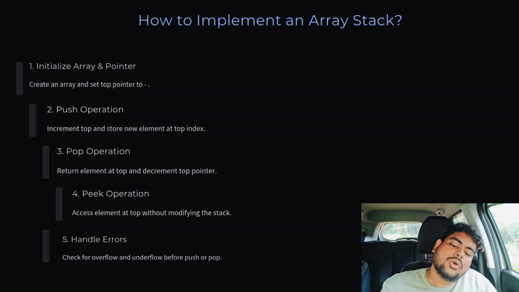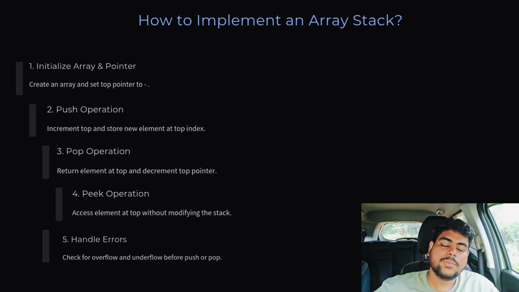Okay, let's talk about how to implement an array stack. First, initiate the array and pointer. It means create an array and set the top pointer to -1. Why -1? If you put 0, your first element will be indexed as 1. We won't do that.